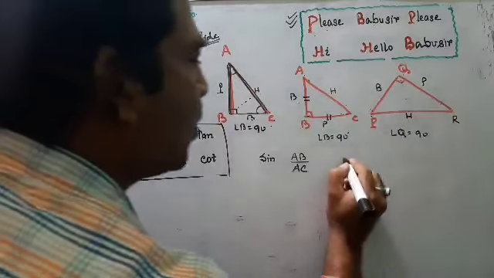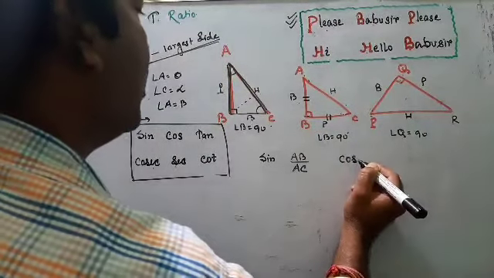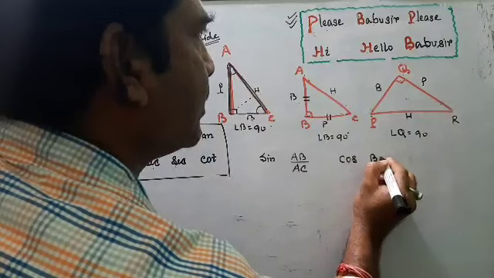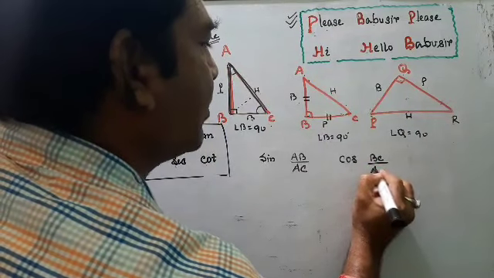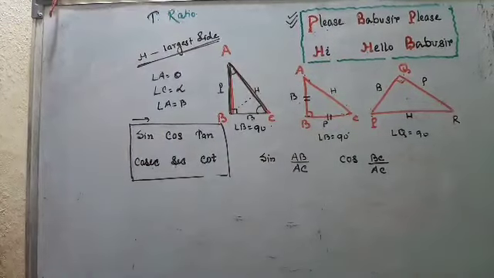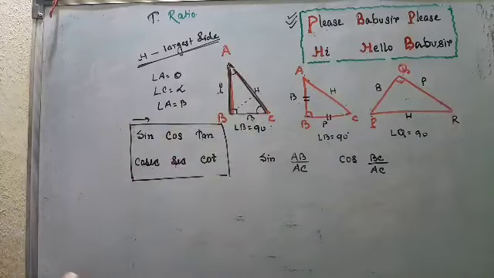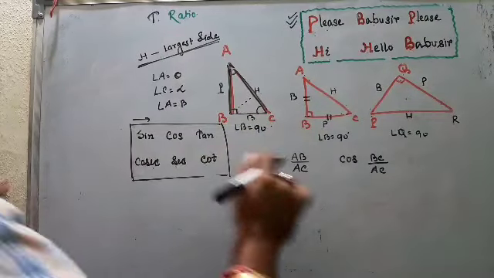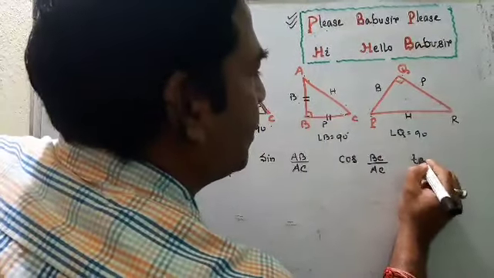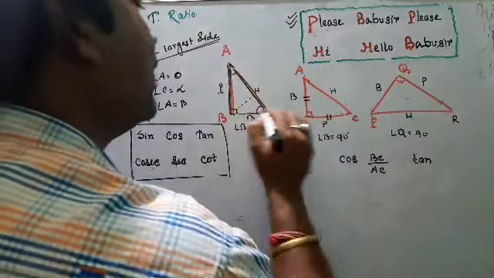The ratio of cos is BC by AC, the side BC by side AC. The ratio of tan is AB by BC.